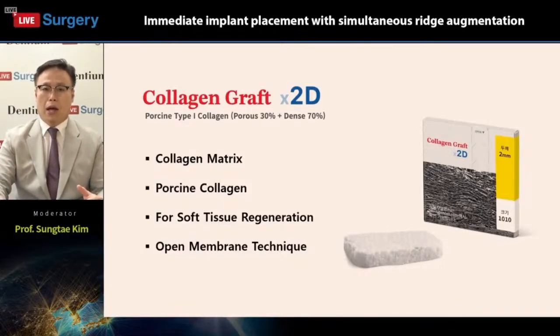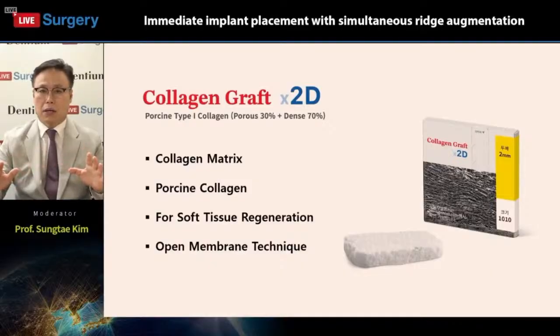soft tissue graft, and also the socket sealing for the ridge preservation technique. The reason why I prefer this X2D for the ridge preservation technique is it's very dense. Therefore, we can suture with this material itself. Therefore, it's very convenient for the ridge preservation technique, and also for the socket sealing, it lasts longer than the other material because, as I mentioned, this is denser than the previous one.